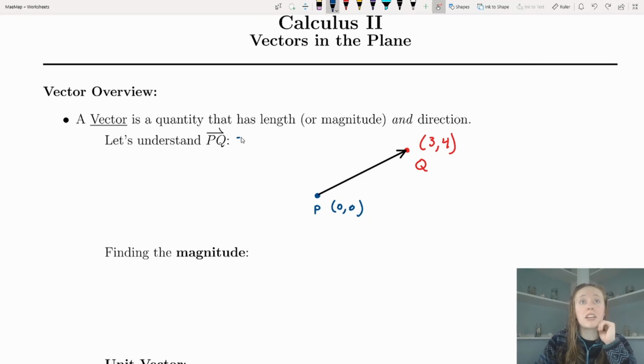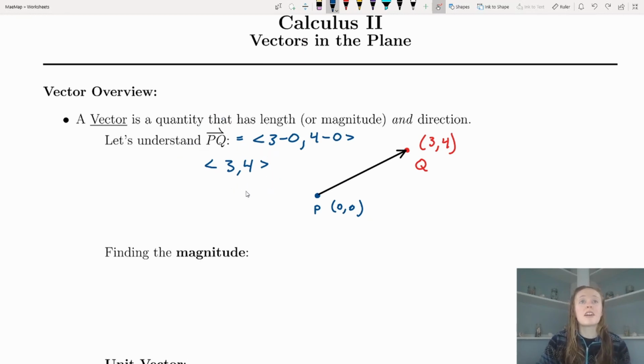So vector PQ will be the x value of the head, 3, minus the x value of the tail, 0, comma, the y value of the head minus the y value of the tail. So vector PQ is 3 minus 0, which is 3, comma, 4 minus 0, which is 4. So PQ is the vector <3, 4>.